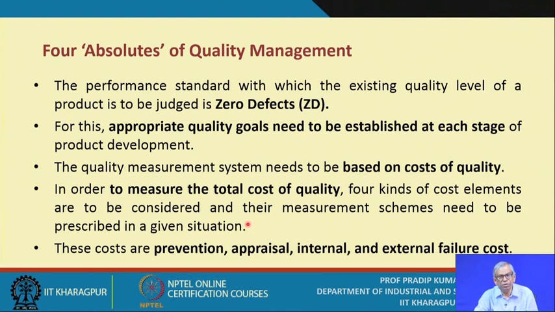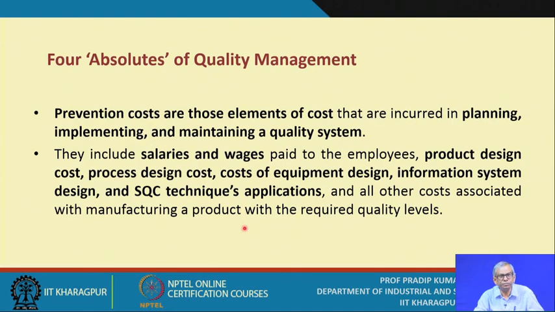So I repeat: prevention cost, appraisal cost, internal failure cost, and external failure cost. If you add all these four costs, you will get the total cost of quality at a given point in time. Now, what is this prevention cost? These prevention costs are those elements of costs that are incurred in planning, implementing, and maintaining a quality system.